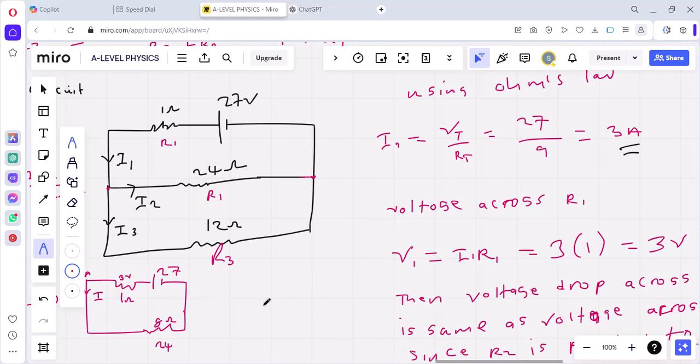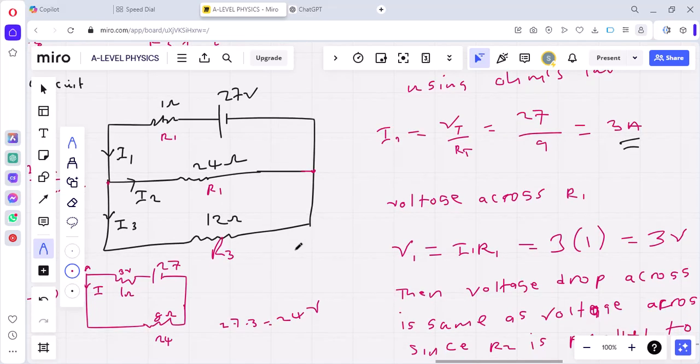And then to get the voltage drop here, you can say that will be 27 minus 3 volts. That will give you 24 volts. That will be the voltage drop across the 8 ohm resistor. So the voltage drop across this one here is 24 volts, and the voltage drop across this one here is 24 volts.